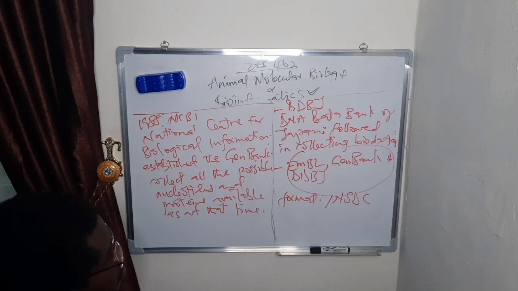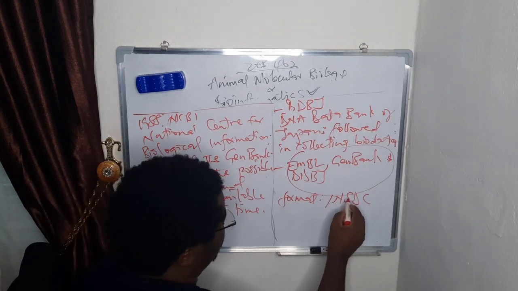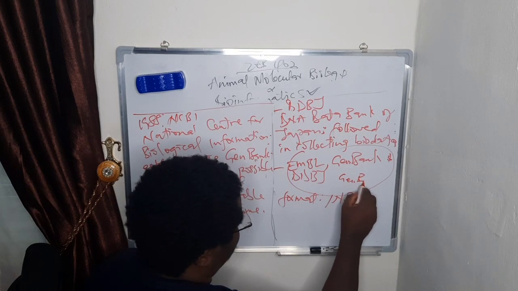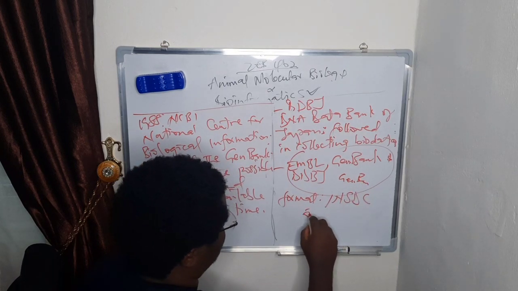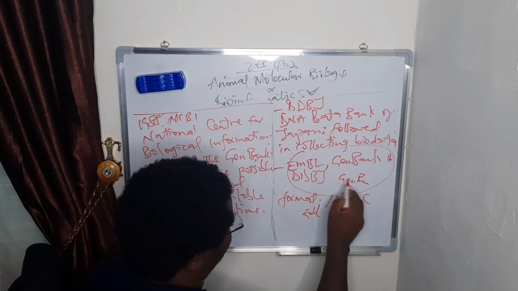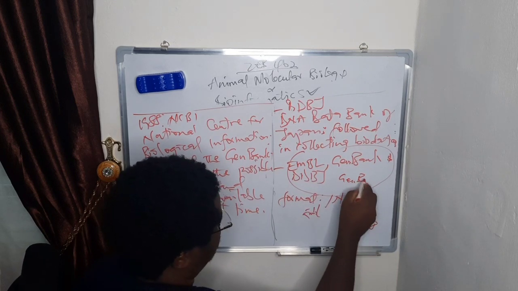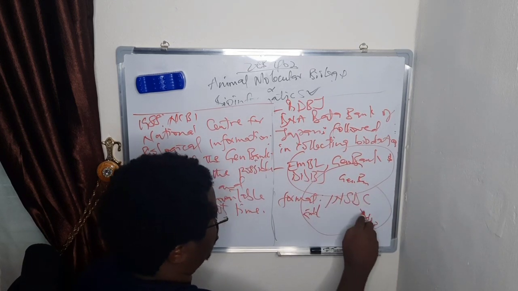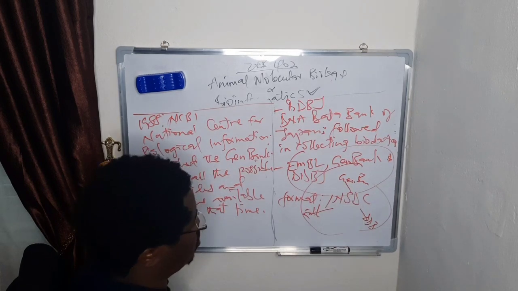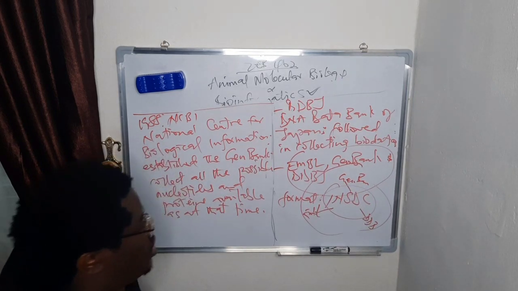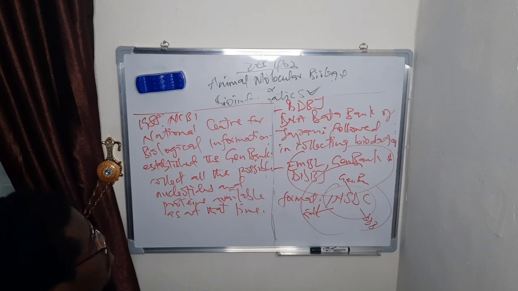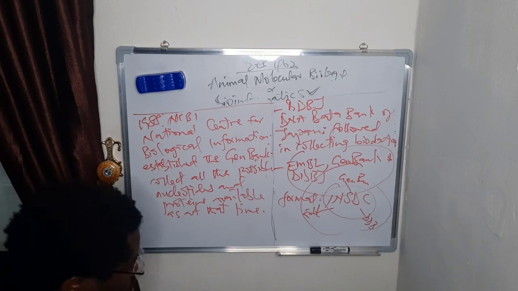So you have the GenBank here, the EMBL, and the DDBJ, and all of them are sharing information using this as a central server.